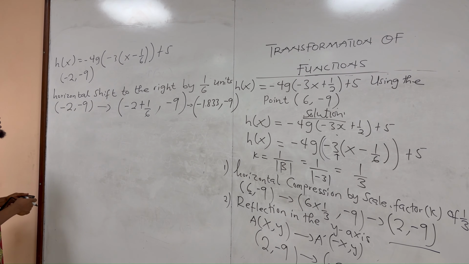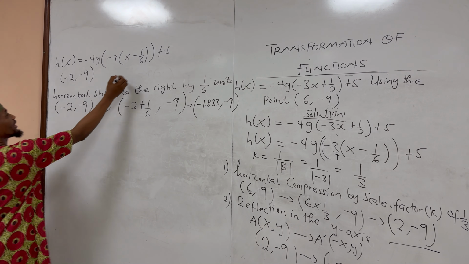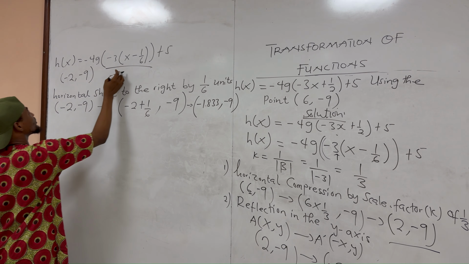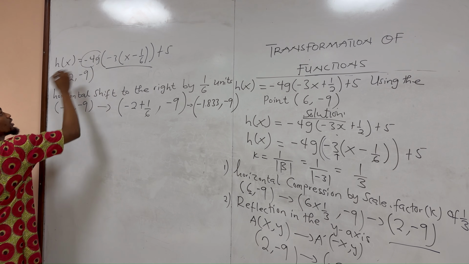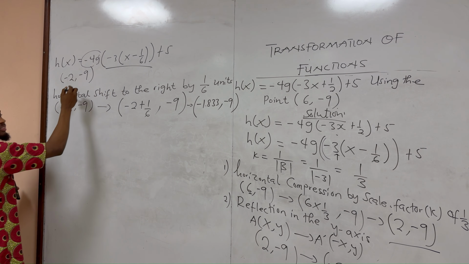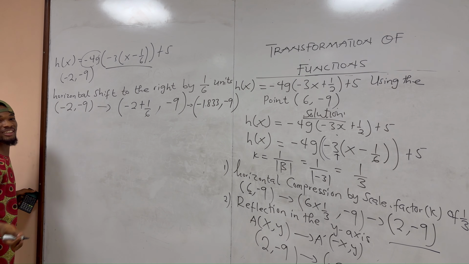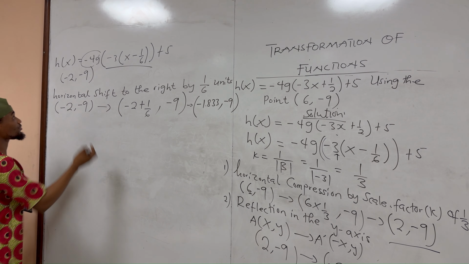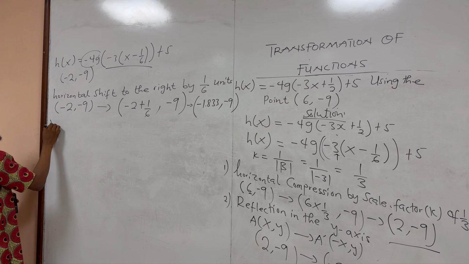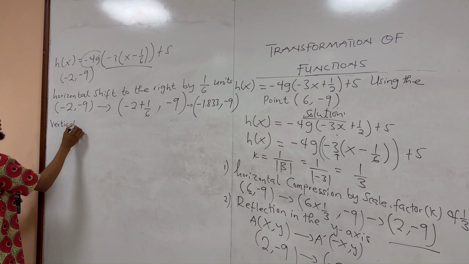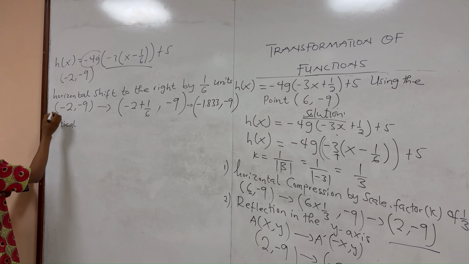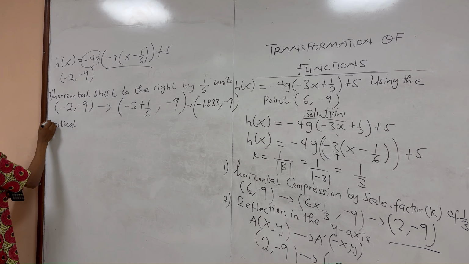Okay, so again, I'm going to make use of this coordinate. So what do I do next? I'm done with this, finally. So I'll now come to this. So I have vertical stretch. I think this is the fourth.